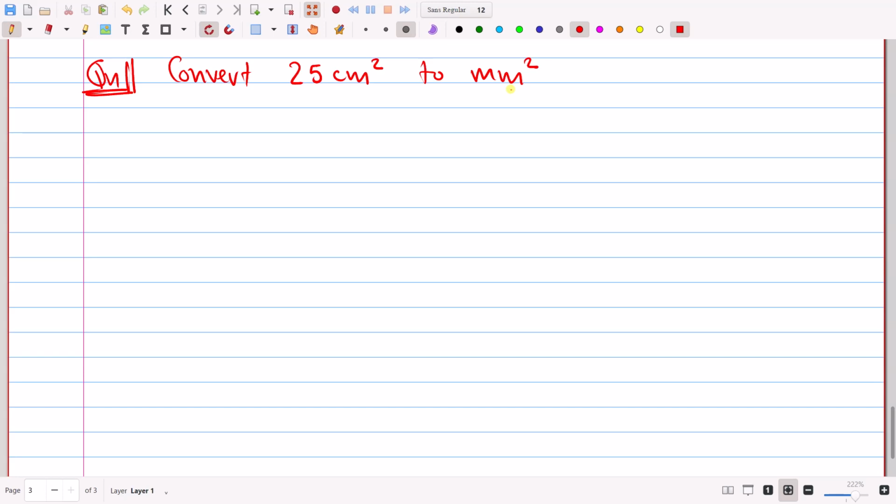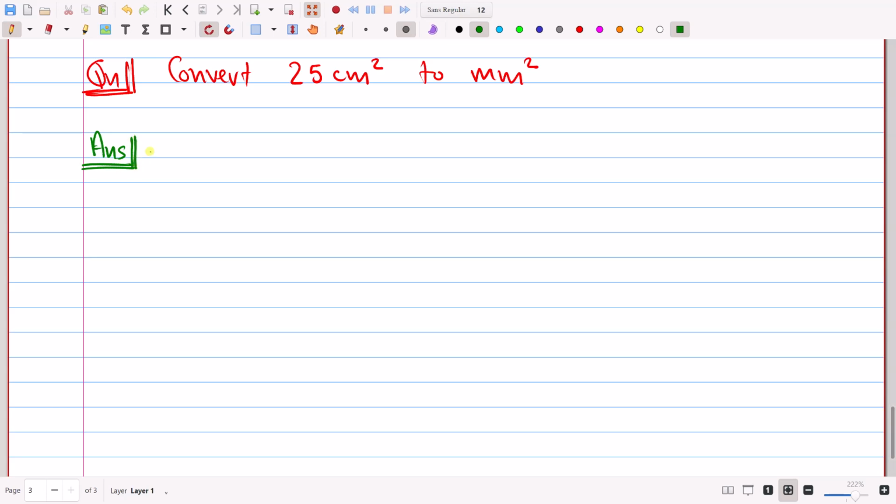Now they can start talking about squared units. But if you look at our discussion, there was never an instance where we talked about the relationship between the square unit or the cubed unit or whatsoever. But you can get questions like these, whereby they have taken something and started squaring it, and then they want you to convert from one squared unit to another squared unit. So how does that work?